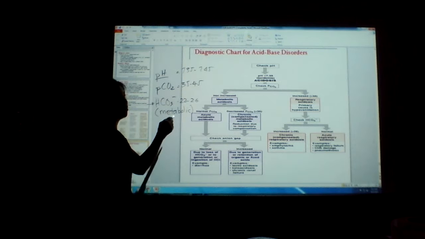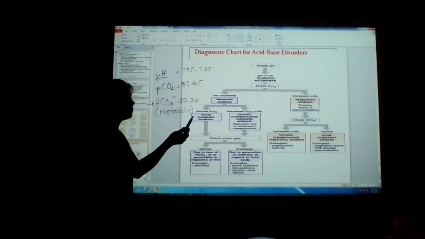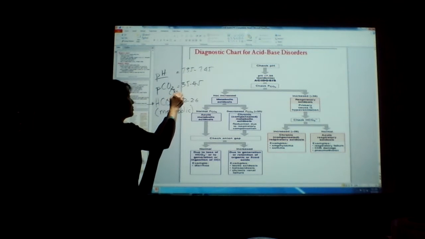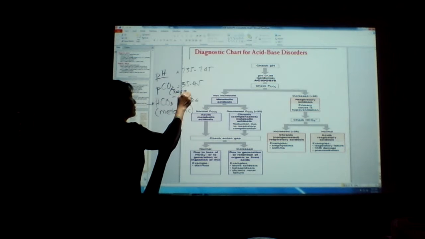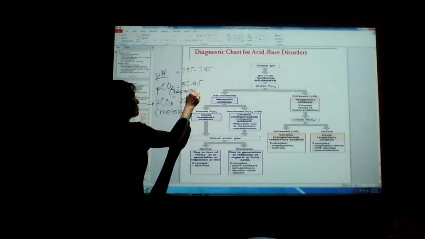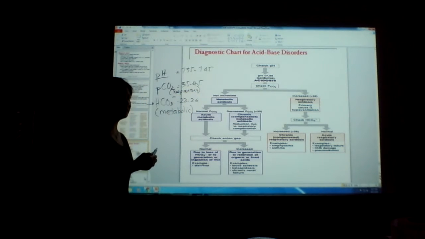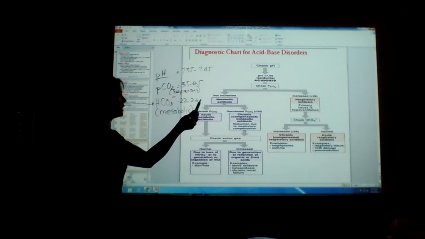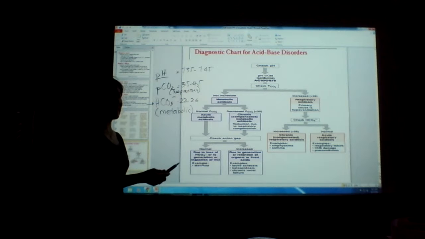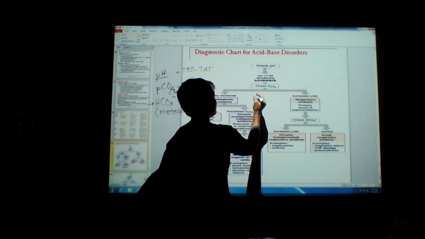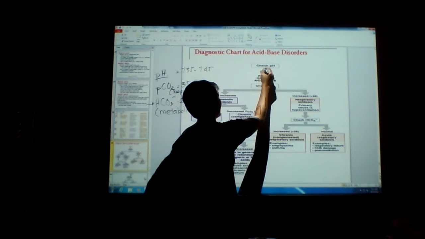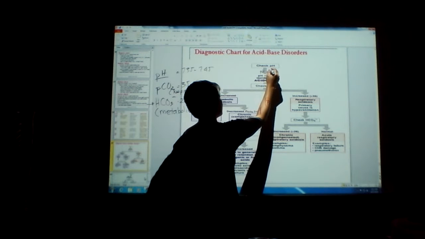If the PCO2 is the one that's the problem, then it's a respiratory problem. Are you following so far? So let's look at this one. The patient is in acidosis. Maybe let's put a real number. Maybe the pH is 7.32.